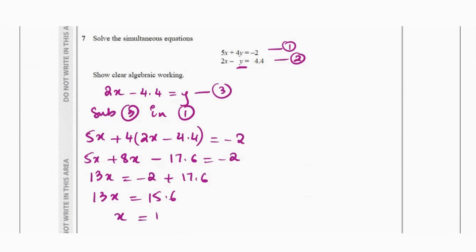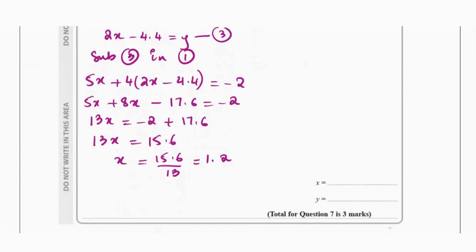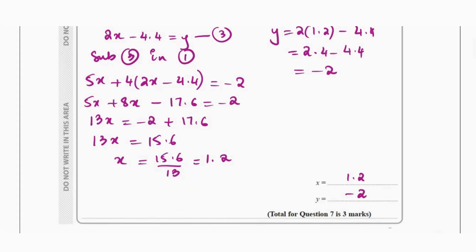So x equals 15.6 divided by 13, which equals 1.2. So y is going to be 2 times 1.2 minus 4.4, which is 2.4 minus 4.4, and that's negative 2. So x is 1.2 and y is negative 2. Once again, you can use the elimination method as well to solve this. There's no restriction.